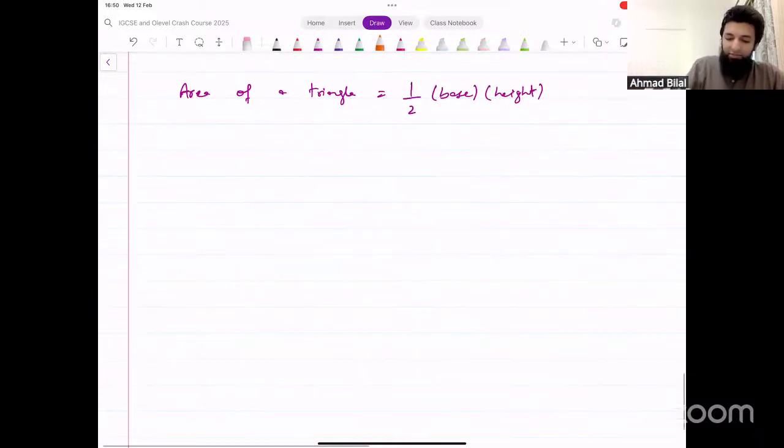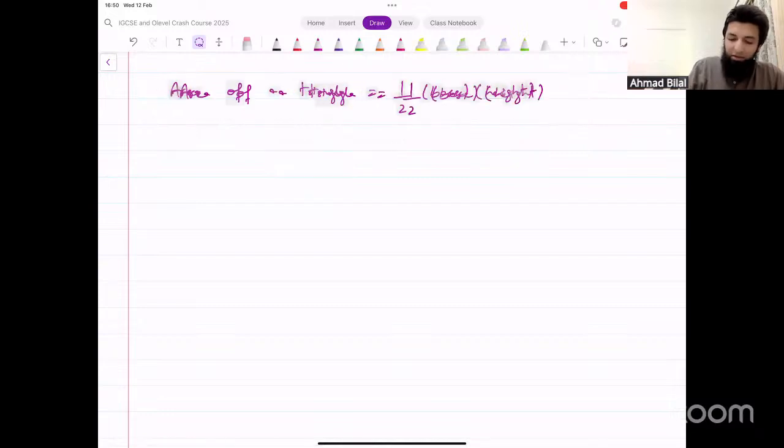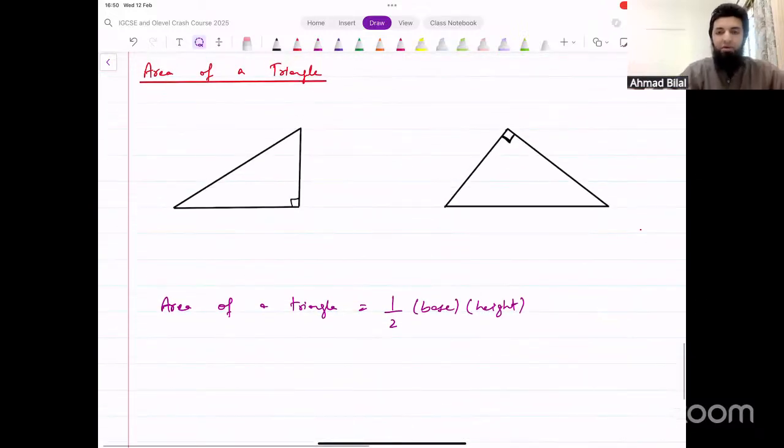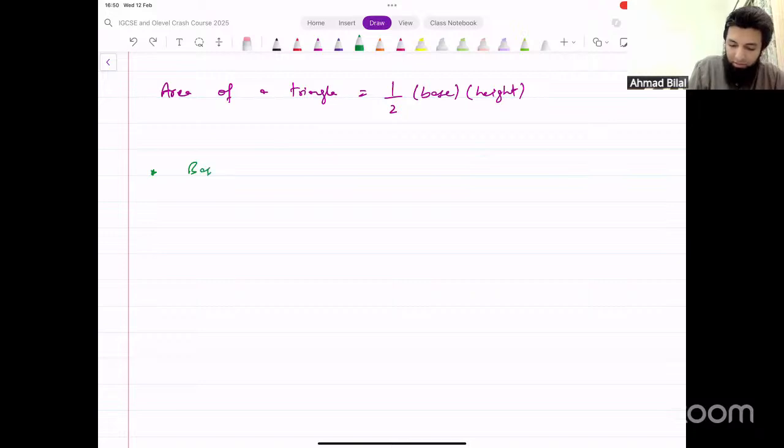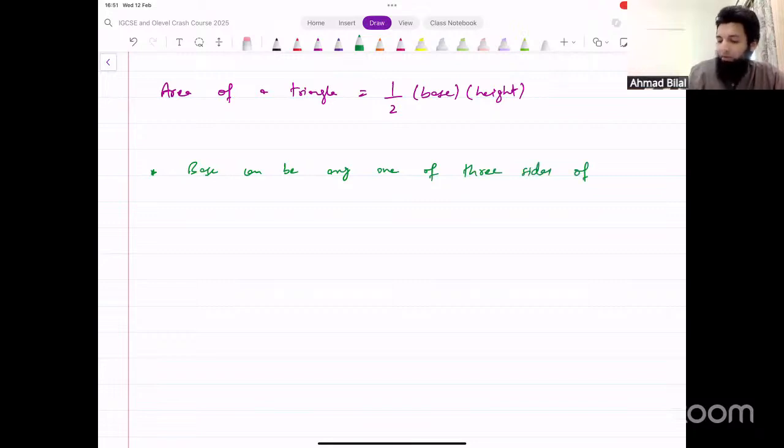What's base? Which side in a triangle can you consider the base of the triangle? That's the question. Let's think about it. Base can be any one of the three sides of the triangle.